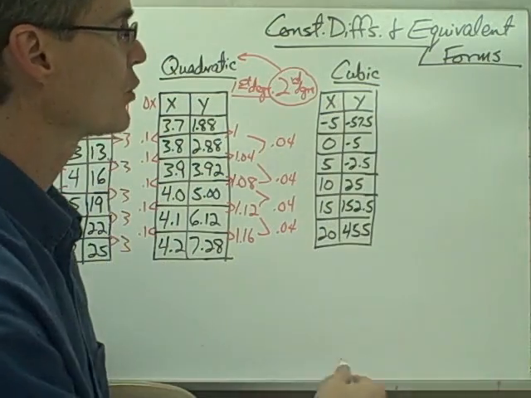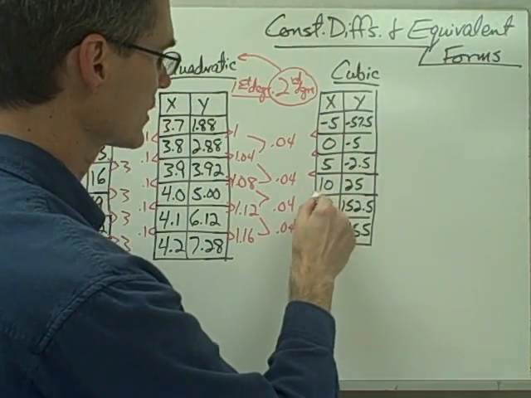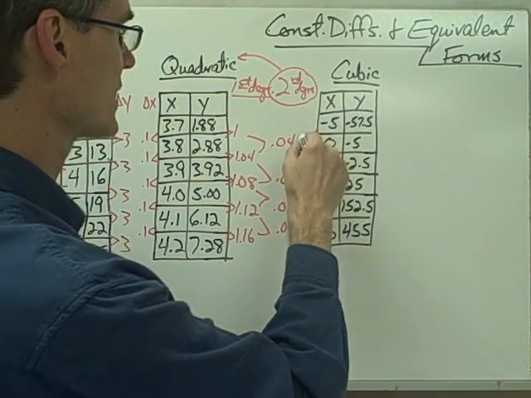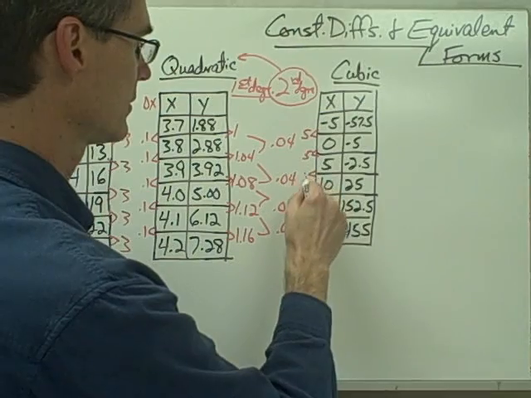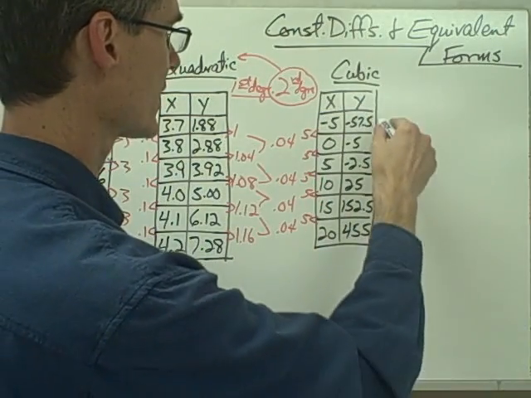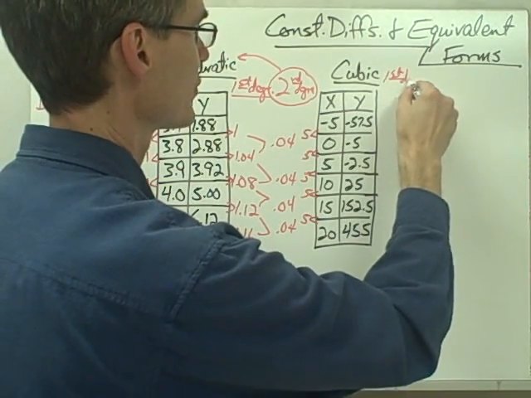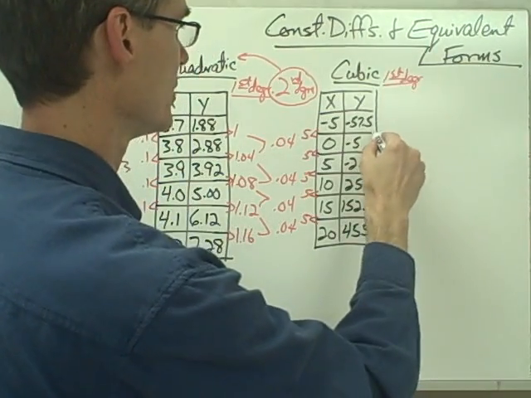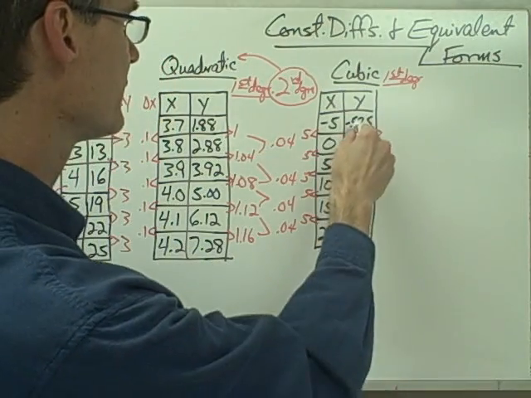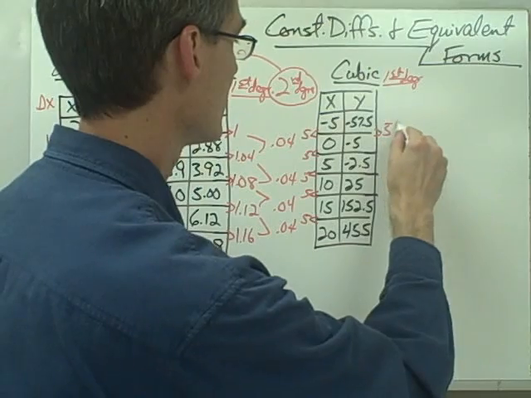Well, I've got a cubic equation, and you can probably predict what's going to happen. First I check to make sure that all my delta x values are the same, and they are. They're all 5. Then I'm going to do the same thing that I did over here, which is to first check my delta y's and confirm that I don't have a first degree polynomial. So let's see. Negative 5 minus negative 57.5 is 52.5.